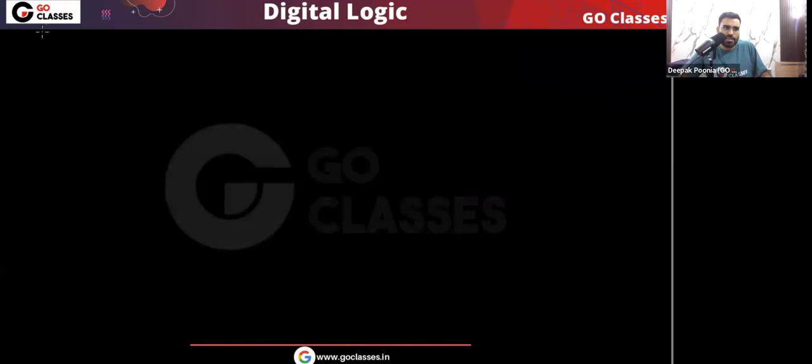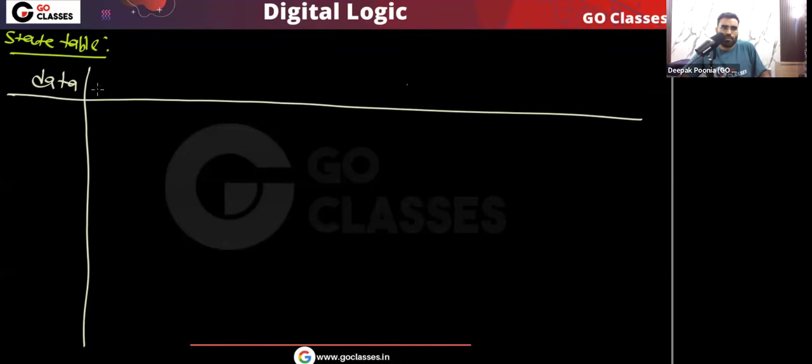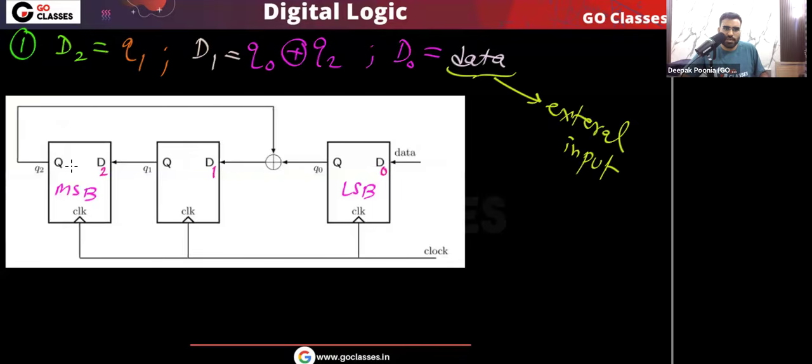Now we will make the state table. Okay, let me make the state table. In the state table, I told you the first column will be for the external input, that is data here. So the first column will be for external input data. The next column will be for present state, that is Q2, Q1, Q0. Here the state is represented. State means flip flop outputs.